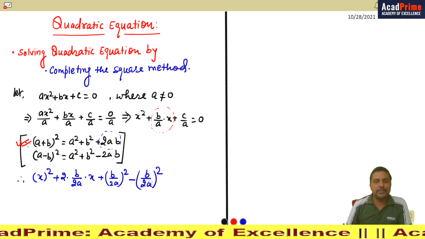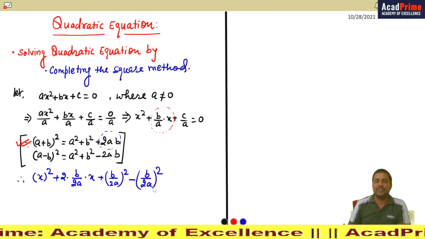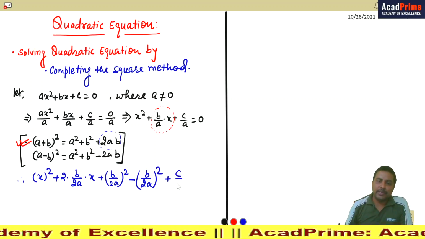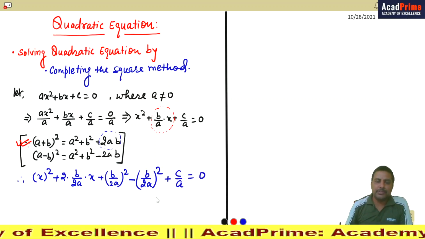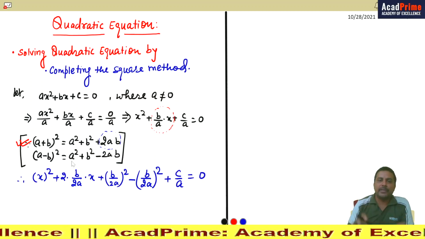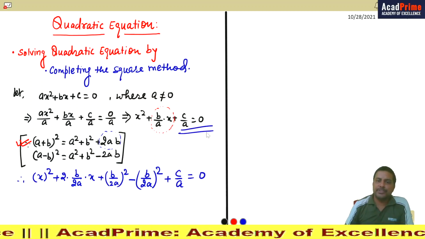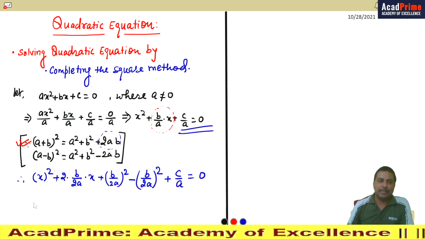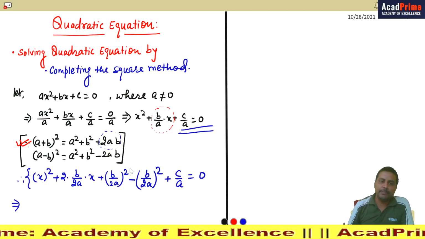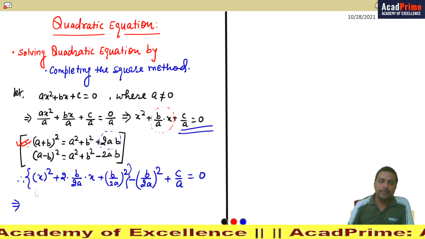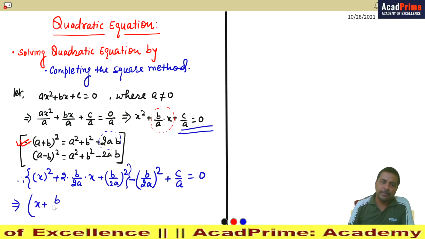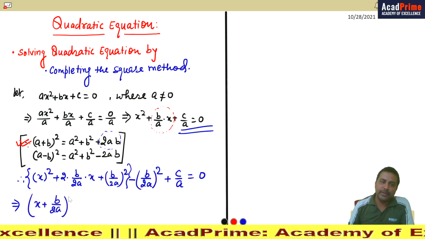That means there should not be any change in the expression, and then it is c by a is equals to 0. If you just go on to solve this expression, you will find that this expression and this one are the same. Okay, this is what? This is x plus b by 2a whole square.